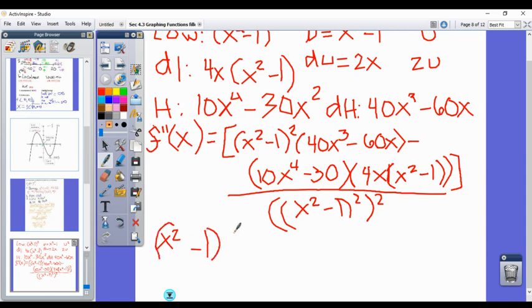Okay, so that's going to leave me with 40x cubed minus, ooh, that's messed up. Okay, so this multiplied by the x squared plus 1 that I have left over because I can only factor out one of them.